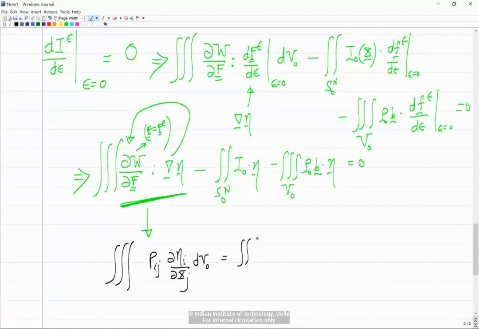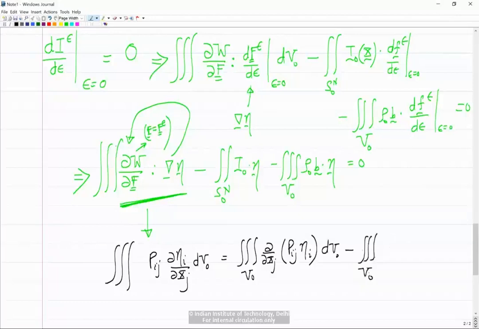Which is same as integration over V naught del over del xj of Pij eta I dV naught, which is equal to, sorry, there's also one more term, so you have to subtract del Pij over del xj eta I, isn't it?